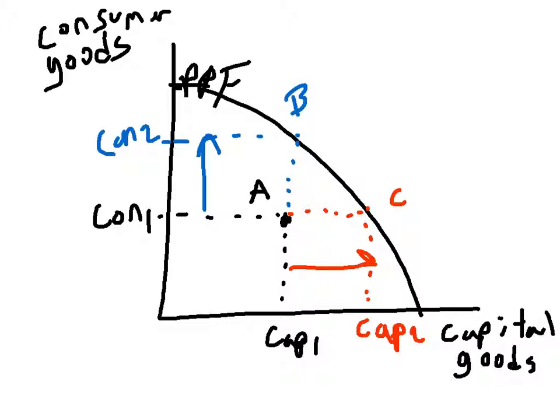Or they could go any place, for instance, here or here, and get more of both capital goods and consumer goods. Therefore, there's zero opportunity cost. But if the economy was at point B and was efficient, the only way they could get more capital goods, such as moving to point C, is if they were to give up some consumer goods. Alright? Hope you understand this.